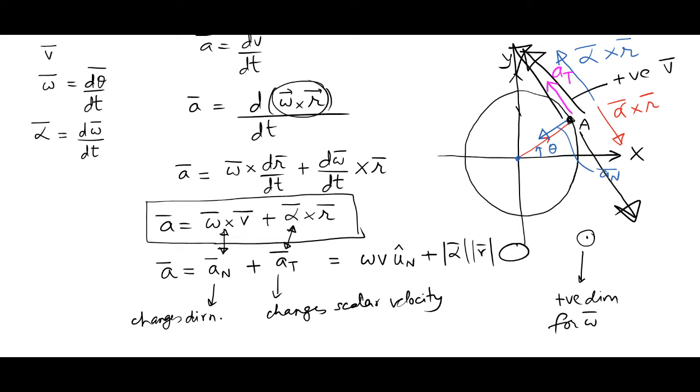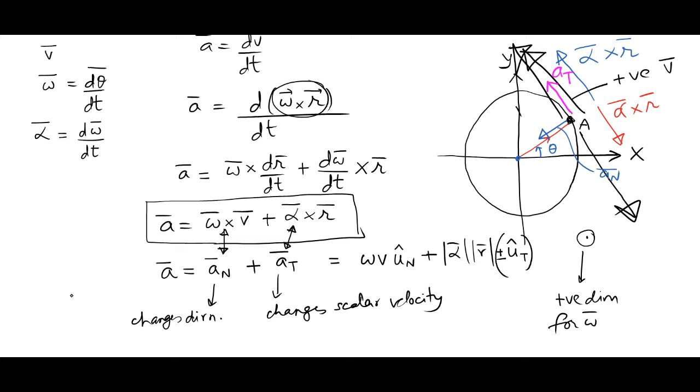So for example, if you say ut bar is the unit vector in the forward direction, that is in the direction of motion, then you have to insert a plus or minus sign over here, because you are not sure whether the particle is speeding up or slowing down. The plus sign is applicable when the particle is speeding up, and otherwise when the particle is slowing down, it's the negative sign, and you usually don't want a formula having a plus or minus sign like that.